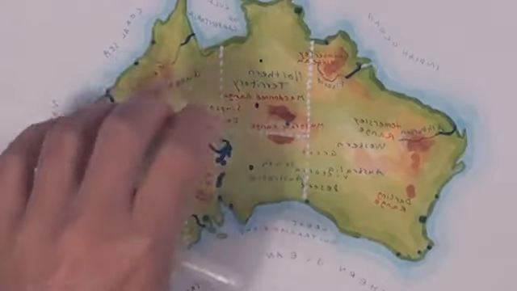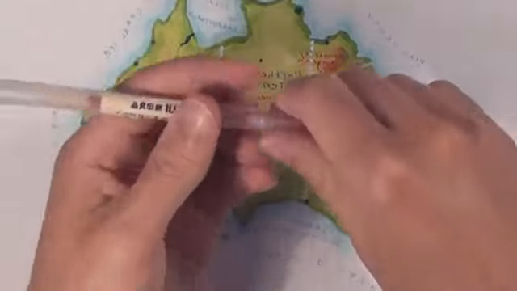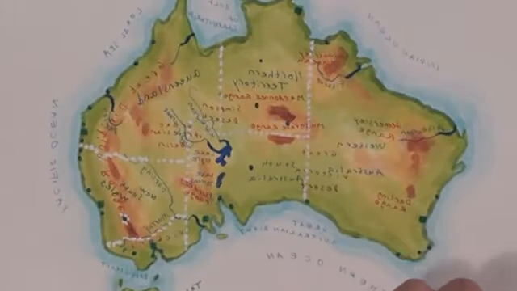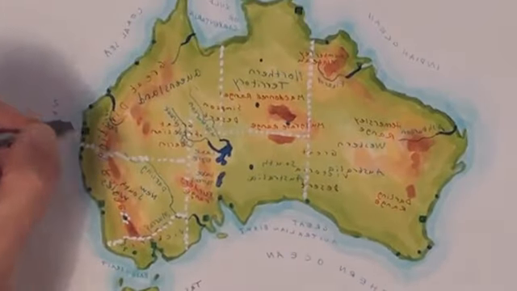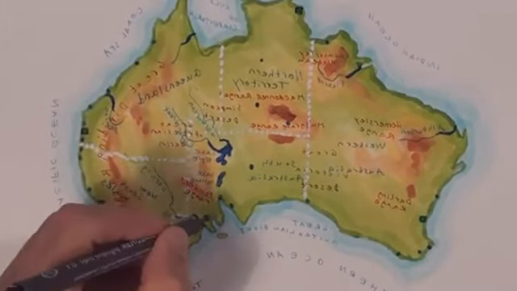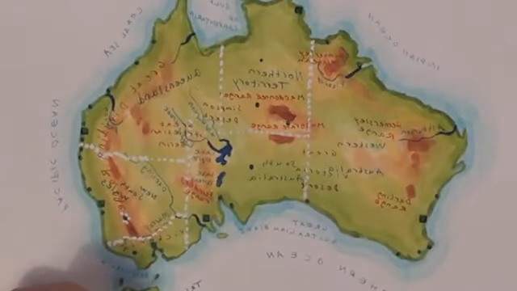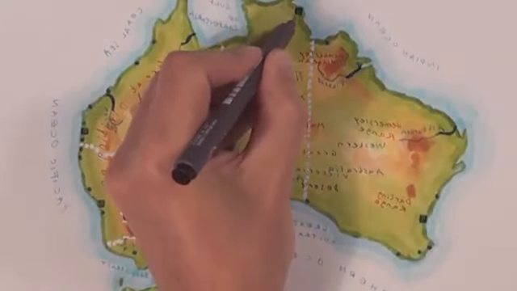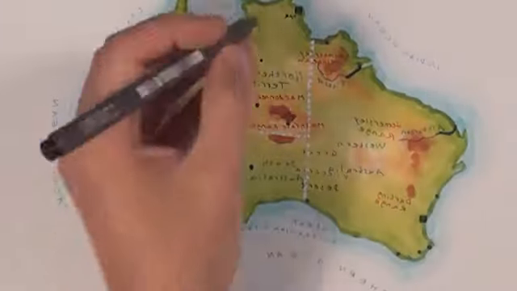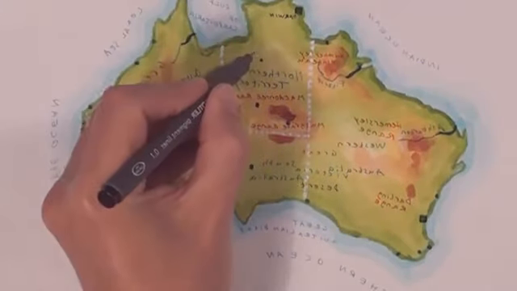All these rivers here that I mentioned. Let's write down some of the cities as well. Darwin. Katherine.